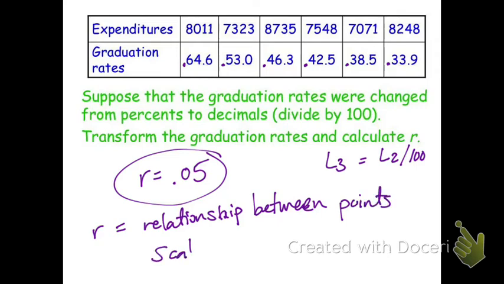So the scale does not matter. That's why I said don't even put numbers on your scatter plots. Even if I multiplied them all by 100, if I'm doing something to all of them, like all of my x's or all of my y's, or both, my scatter or my R value does not change.